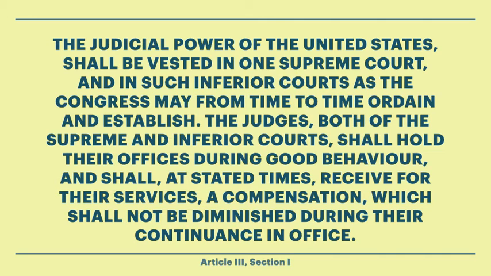You'll notice that Article 3 is the least well-defined of our Constitution, right? Article 1 does a nice job of spelling out what the legislative branch is going to do. Article 2 gets a little shorter because, again, the founding fathers were worried about somebody grabbing too much power and becoming a king.